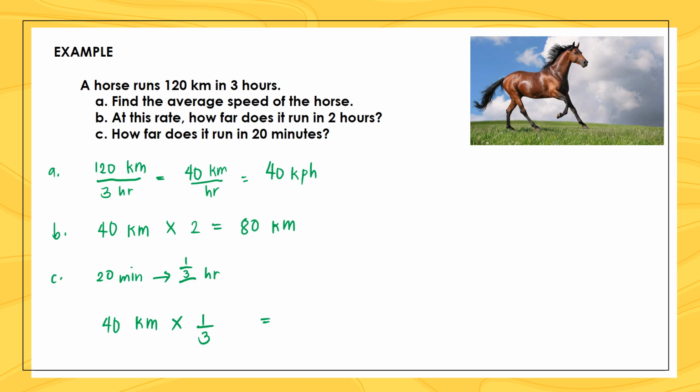No need for this unit. So 40 kilometers times 1/3 will be 13 and 1/3. Inputting this in your calculator, you will have 13 and 1/3. What will be the unit? Kilometers. So the final answer for letter C is 13 and 1/3 kilometers. This is how far the horse can run in 20 minutes. I hope you were able to understand these 3 questions.